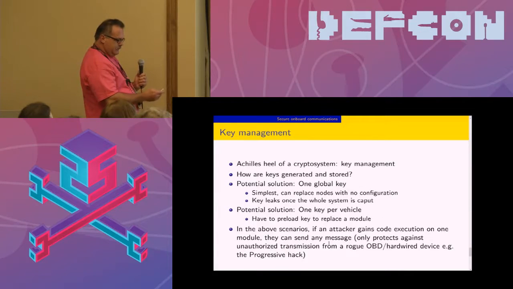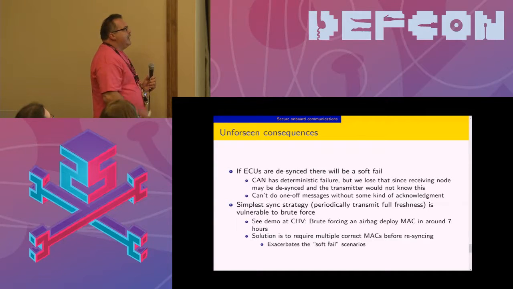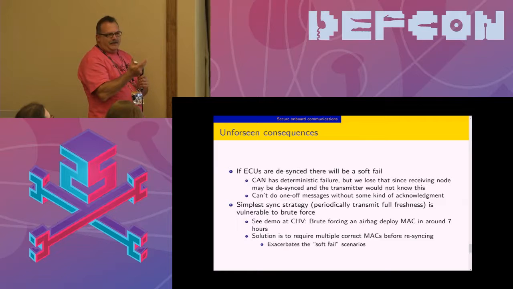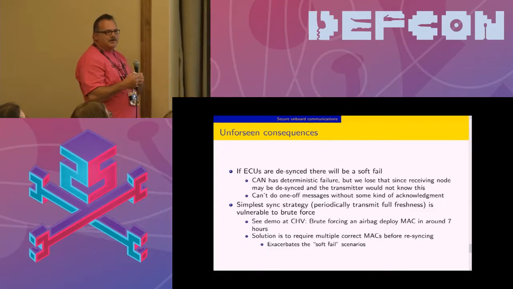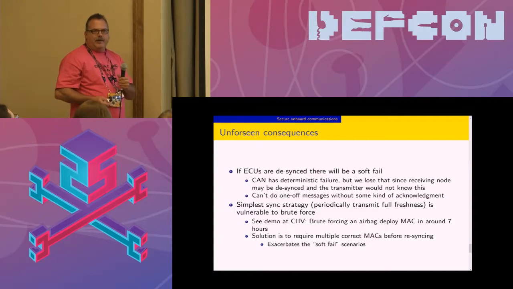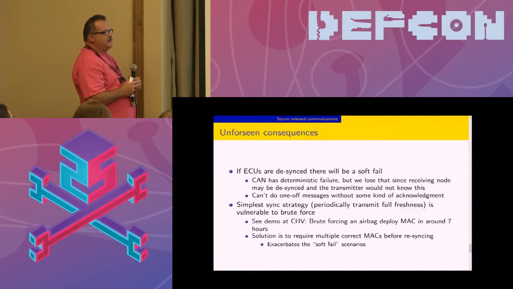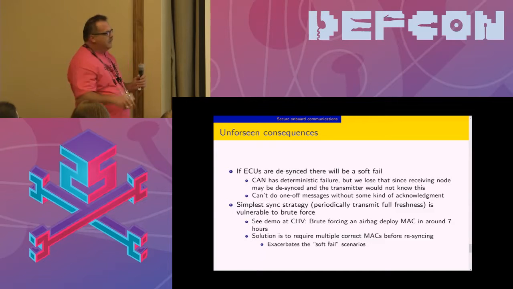So, let me back up here. What happens when they get desynced? Well, the receiver is supposed to ignore that message. But that eventually causes some level of failure, okay? Whether that's a U code, possibly, because we technically would say that we've lost communication with the transmitting ECU, so U code or DTC.